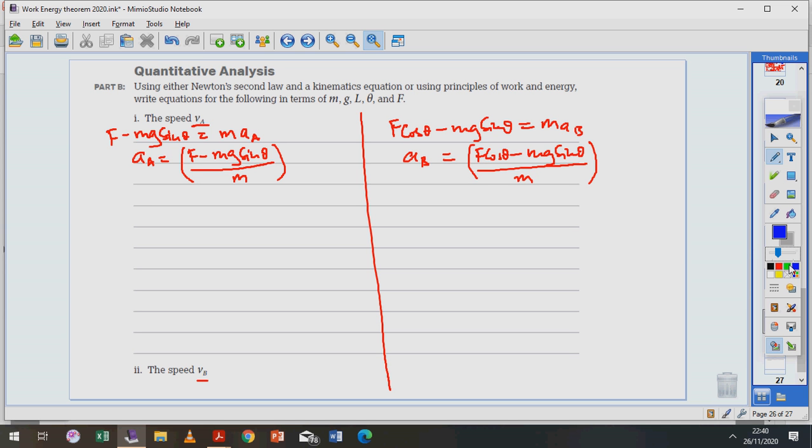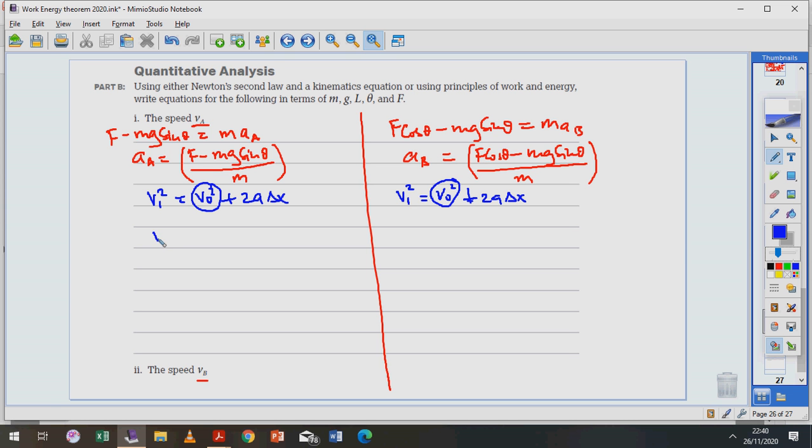Now I know this kinematics equation, v1 squared is equal to v0 squared plus 2 acceleration delta x. The delta x in both of these cases is L. So I'm looking for v1. I know it started at rest, so v0 is 0 in both cases.